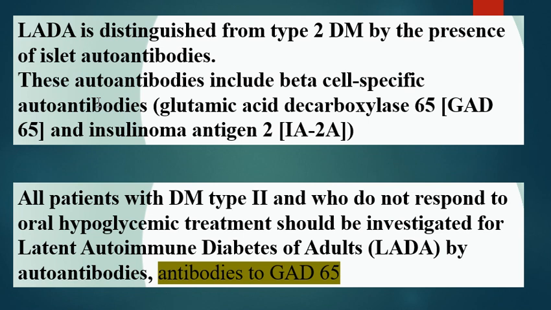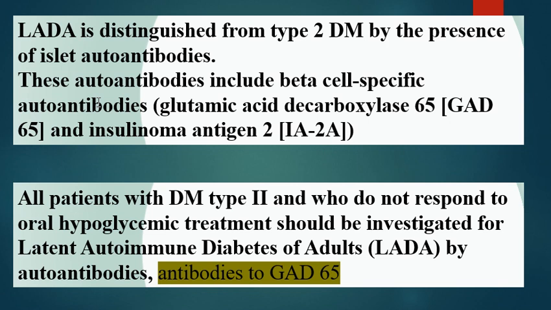So if someone would like to do a differential diagnosis, and actually why we should make a differential in some instances, is that we put a patient with type 2 on oral hypoglycemic, but some patients do not respond. So here we should put in mind that this could be LADA and not type 2 diabetes mellitus.